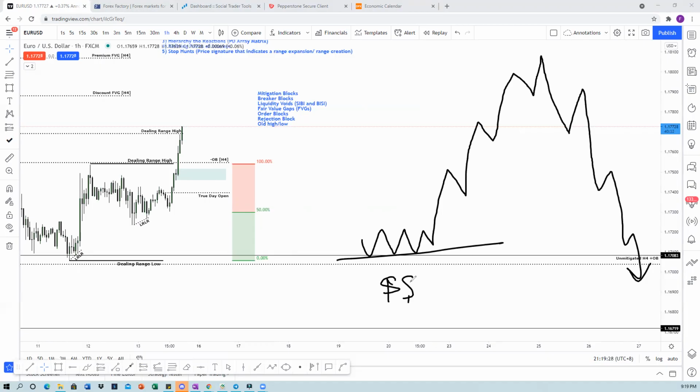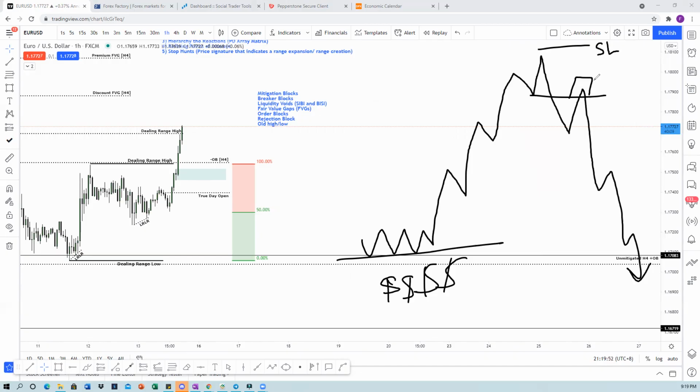Here's your breaker, here is your entry, here is your stop. So what does this look like? Someone, anyone? Yes, market maker sell model.